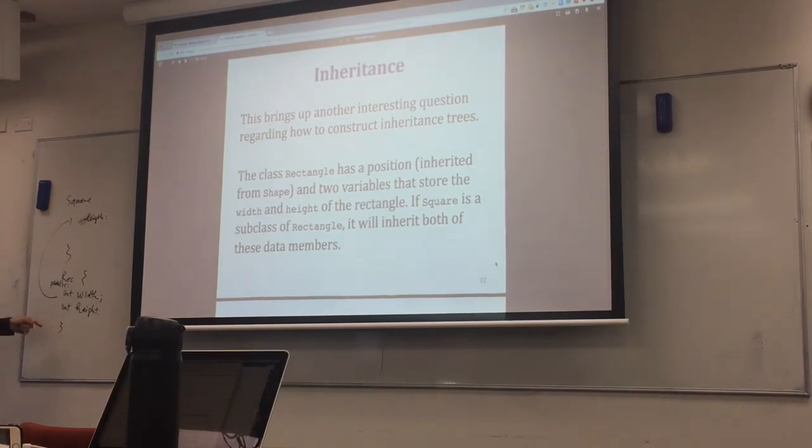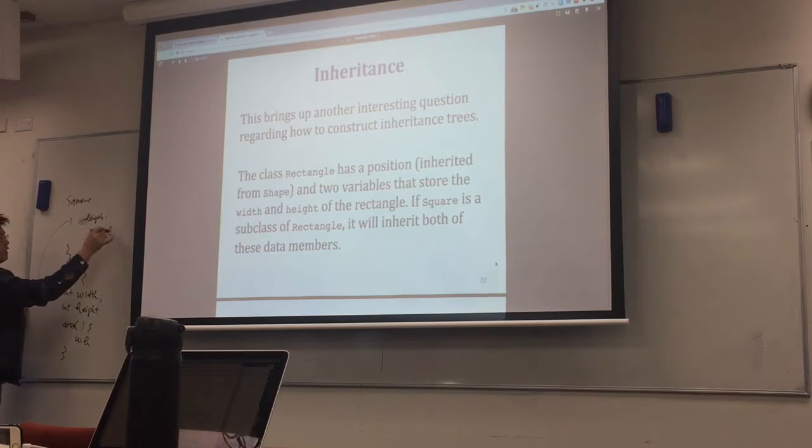But anything that you declare that can be reused from rectangle is not imported into square. If you have a calculate area function, in here you return width times height. In here you return length times length. But you have to write this again.